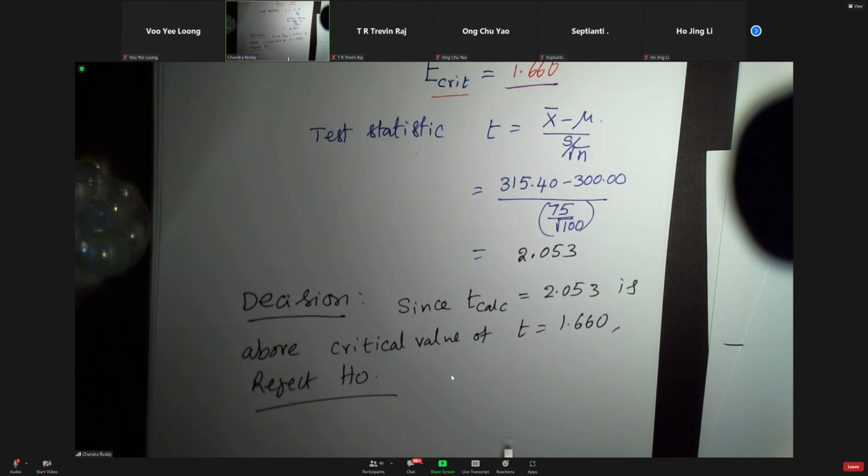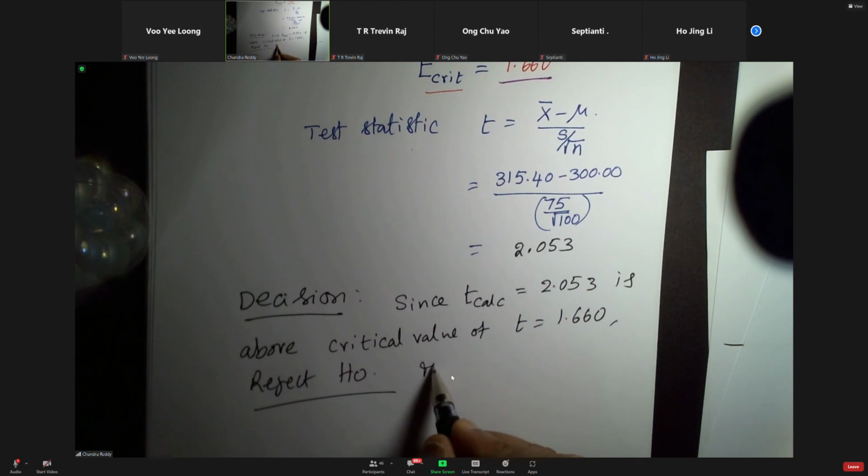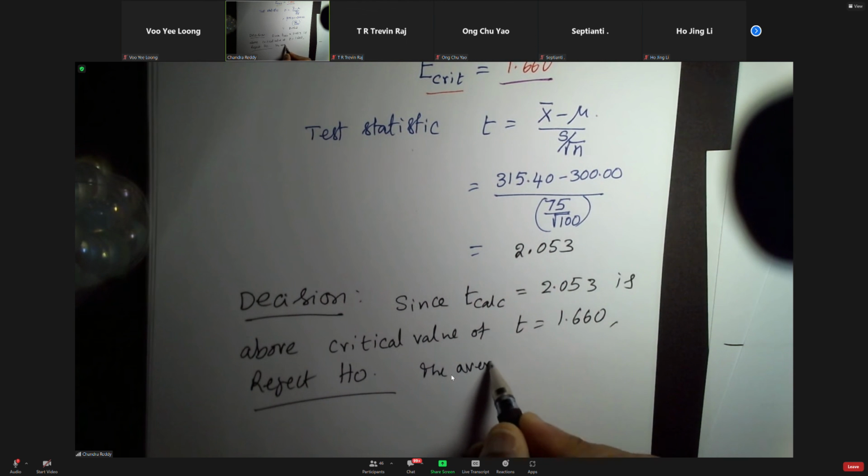That means there is enough evidence to conclude that the average cost is more than $300.